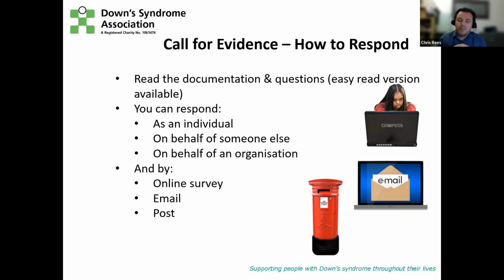The most common way is usually the online survey, which is there on the call for evidence page. If you have more to say, or if you have problems with the survey, you can send a document version of your response by email, or you can print it out and send it by post.